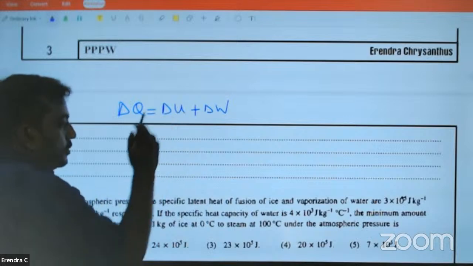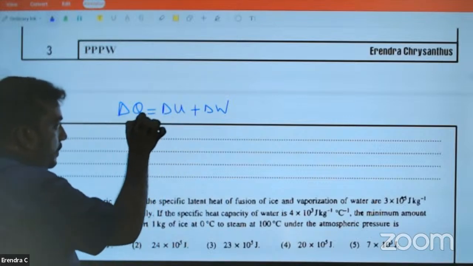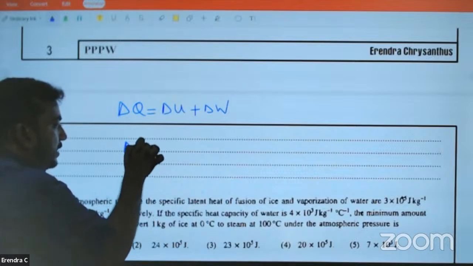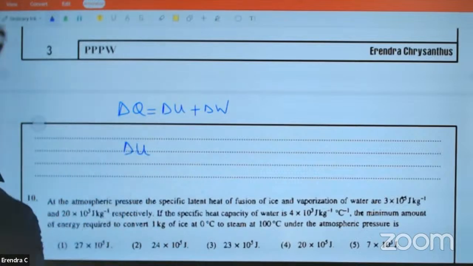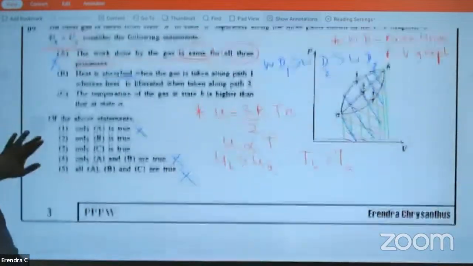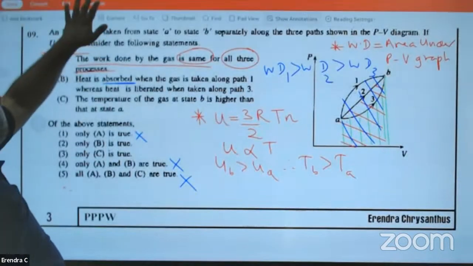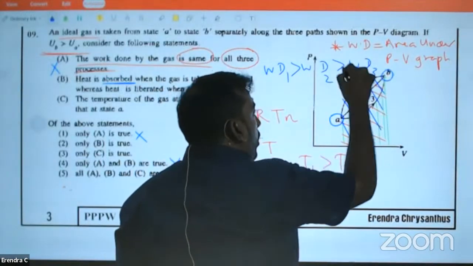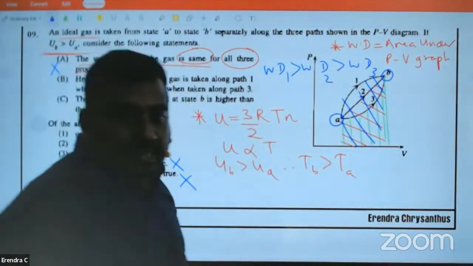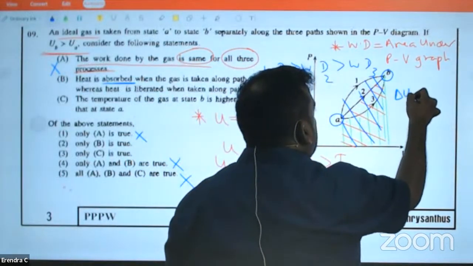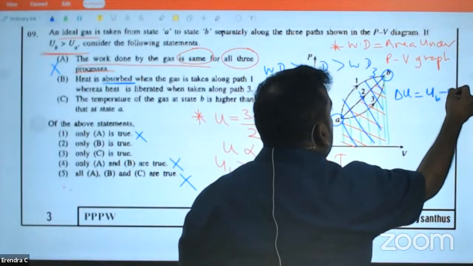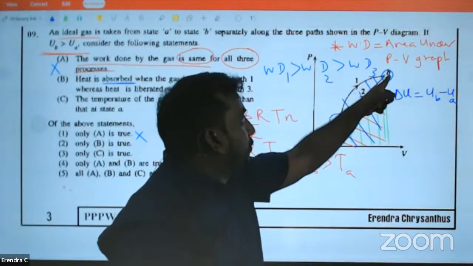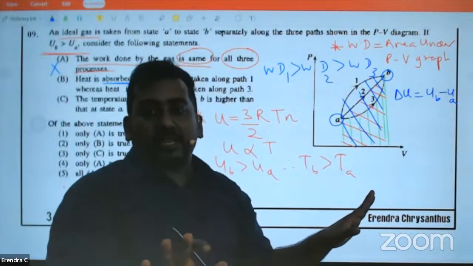Now path number 1, path number 2, path number 3. Delta U depends on initial point and the final point. Initial point and final point all are same. That means your delta U is UB minus UA. Why? Whatever the process, final and initial don't change.